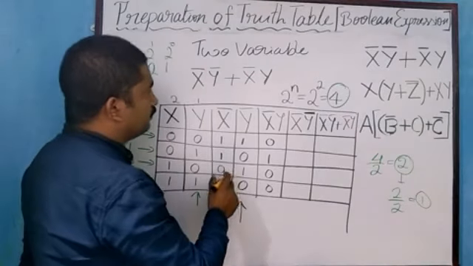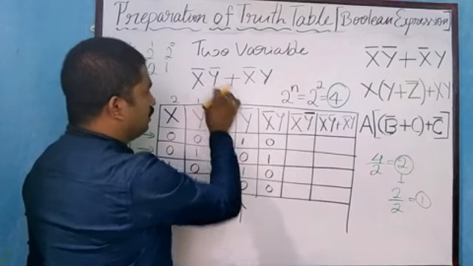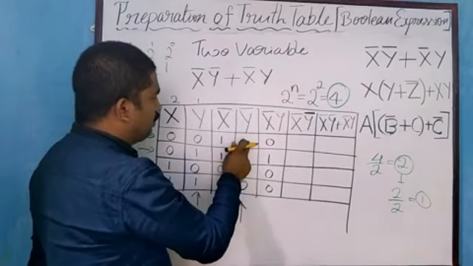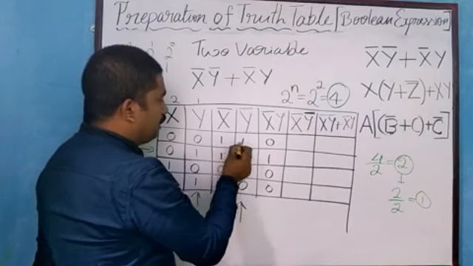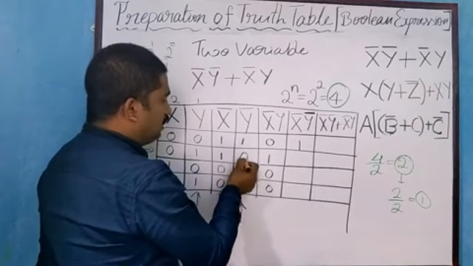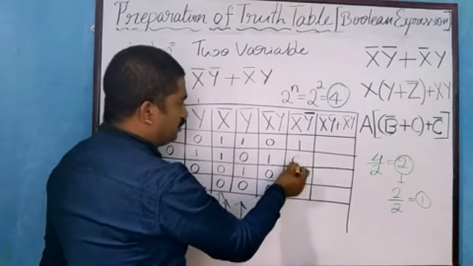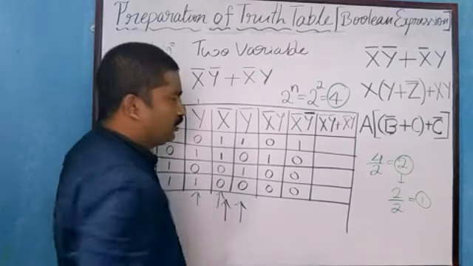Okay. See, this term x complement y complement is multiplication, that is AND relation. 1 and 1 is always 1. 1 and 0, 0. 0 into 1, 0. 0 into 0, 0.